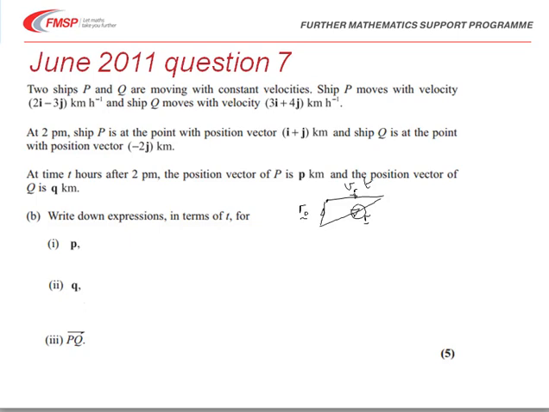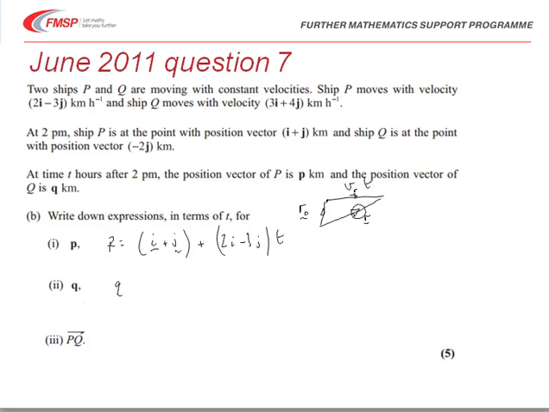So the position of P will be its starting point, which we're told is i plus j, and then plus its velocity, which is 2i minus 3j, multiplied by t. And we can leave the answer like that. There's no need to do anything else, we're just asked for an expression.